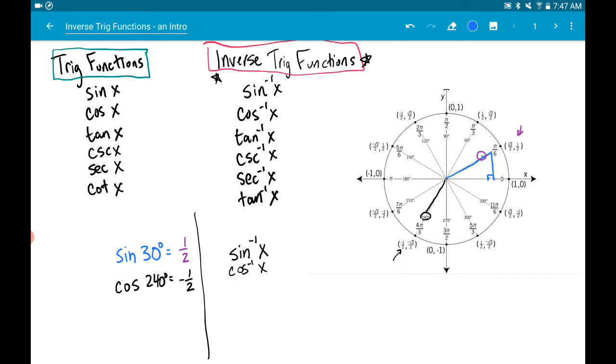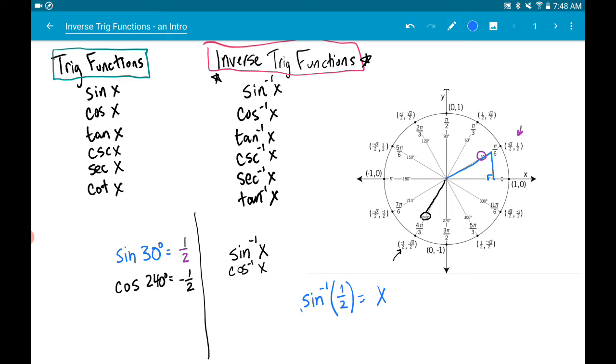So the way things are going to be written is if you have something like sine inverse, and then you're going to have a value in there. So if you're trying to solve for x, what is sine inverse of 1/2? There's a couple ways to do this.